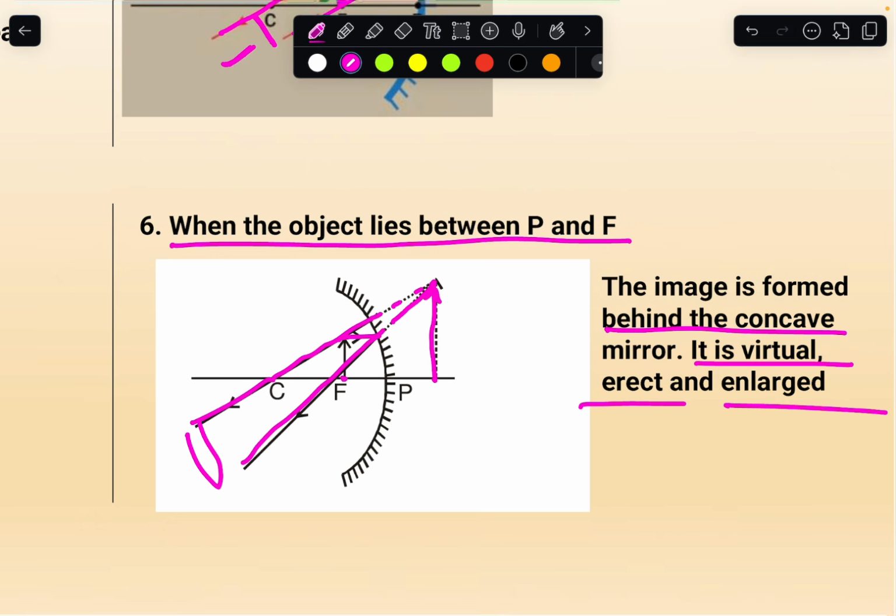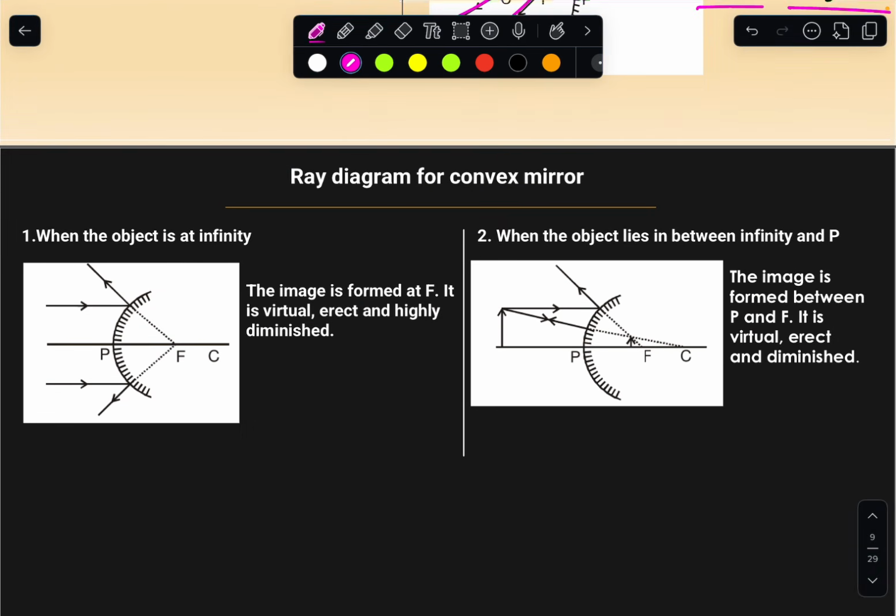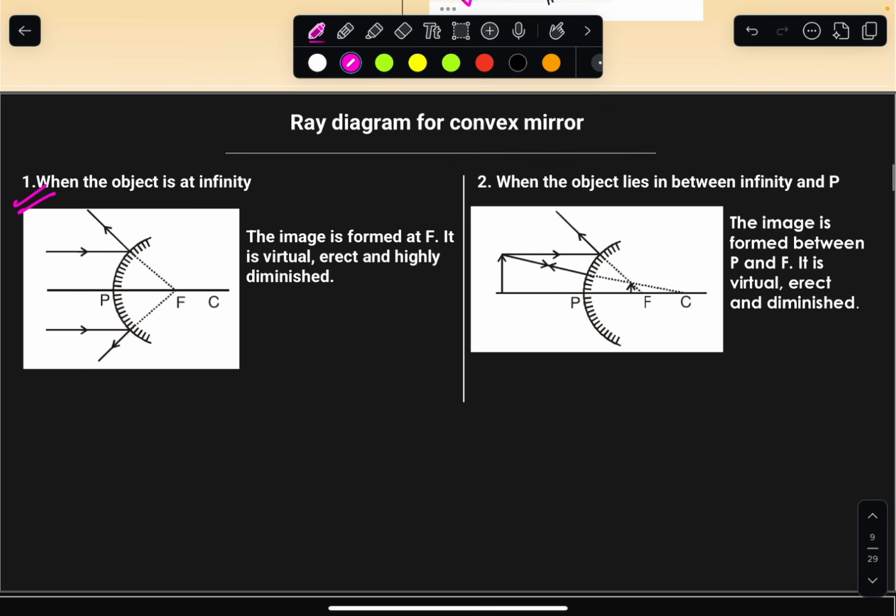Okay, now we are moving towards the convex mirror. But in convex we have only two cases: one at infinity, and the other where you place the object anywhere, not at infinity, between infinity and pole, and you will get the image between pole and focus. First, whenever the object is at infinity, which means, sir, incident rays are parallel.